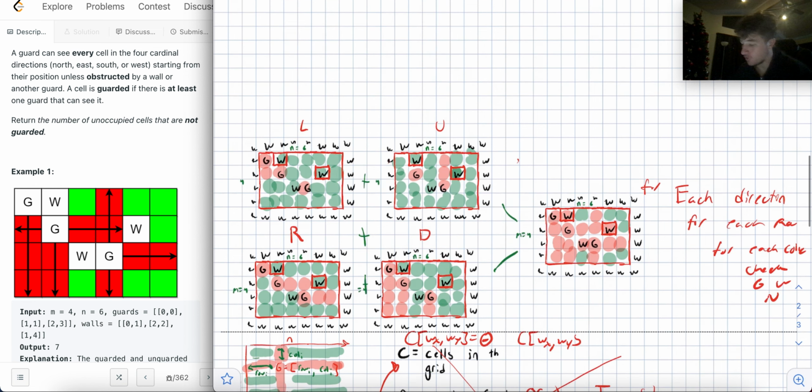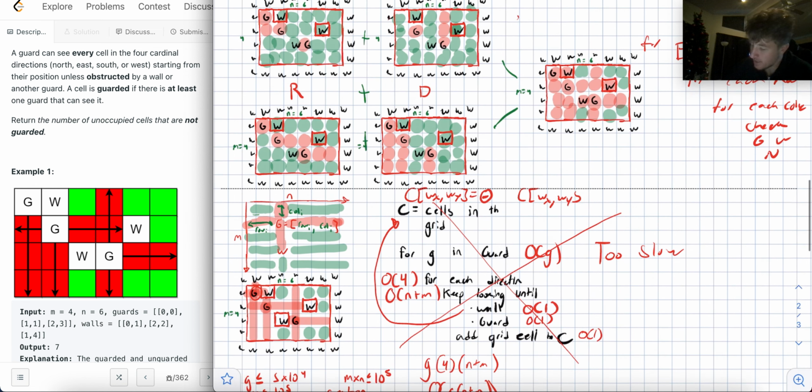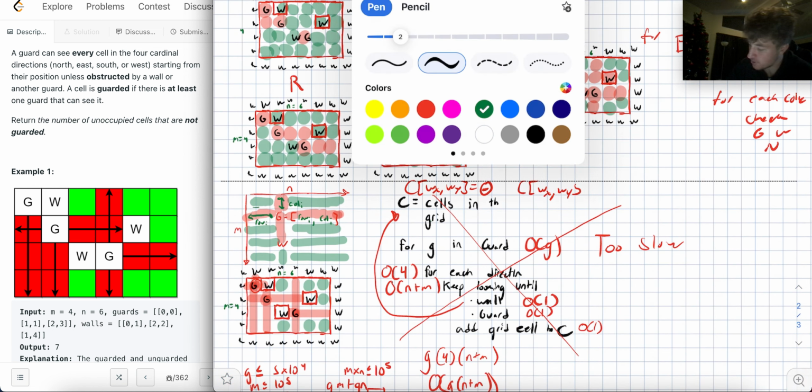That's all we did here. We looked at each row, we looked at each column, and we checked if there was a guard or a wall or nothing. Okay? So we just slide through. If we see a guard, then we continue saying there's a guard that can see until we see a wall. And we do that in each direction. So what this does is when we look at all directions, how many directions are there?